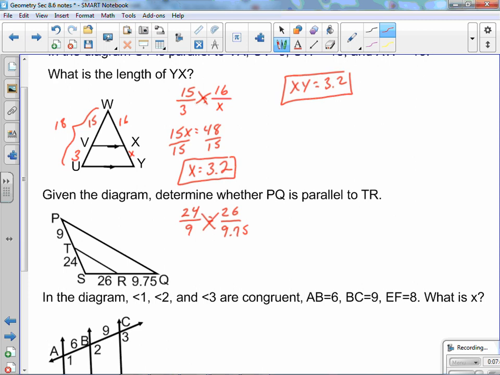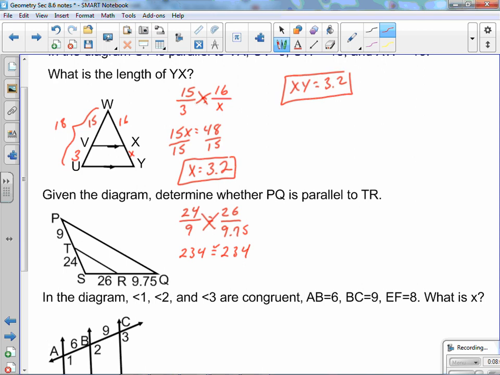So we're going to have 24 times 9.75, which is 234, and 9 times 26, which is 234. So those are actually equal to each other.